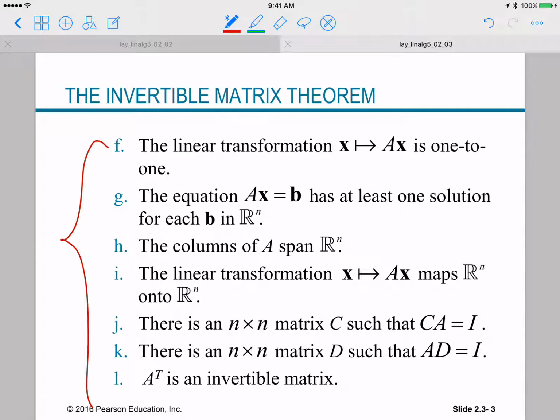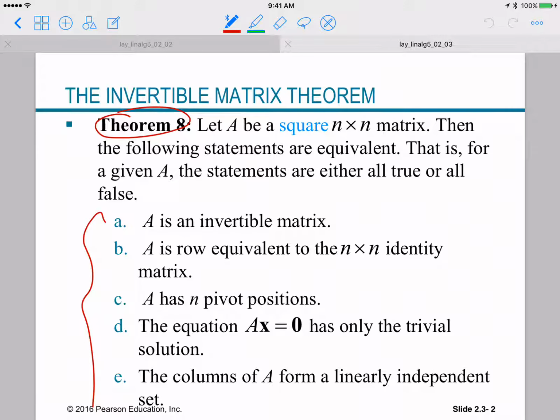Okay, yeah. So all the way until the item L from A. This theorem is saying that all these different items are the same thing. I mean, they are mathematically equivalent. Okay, and basically this is about the invertible matrix.